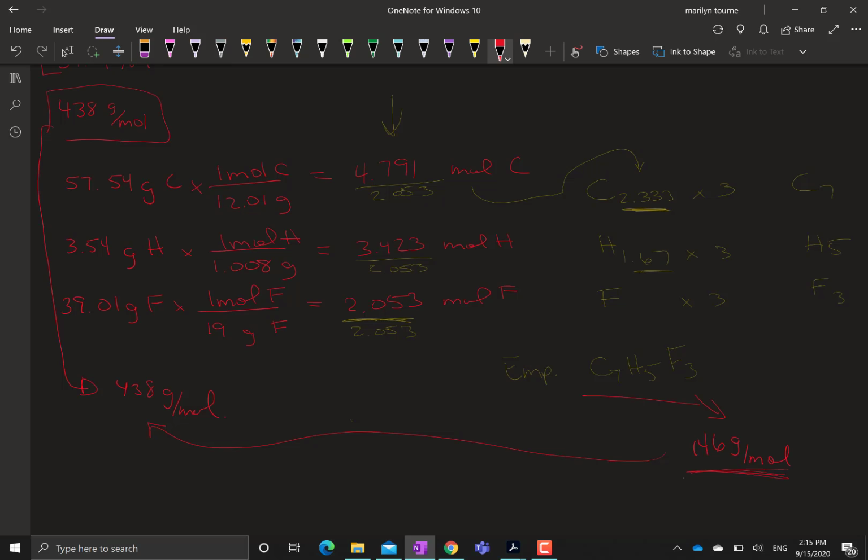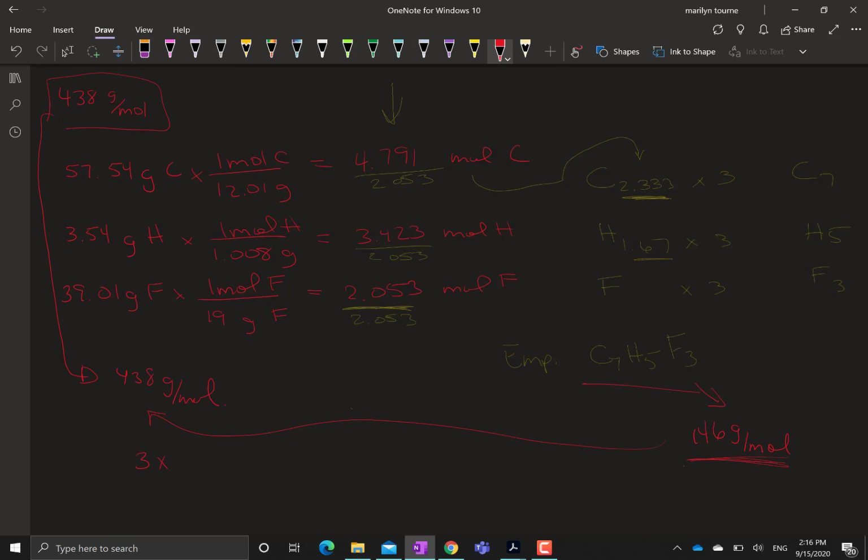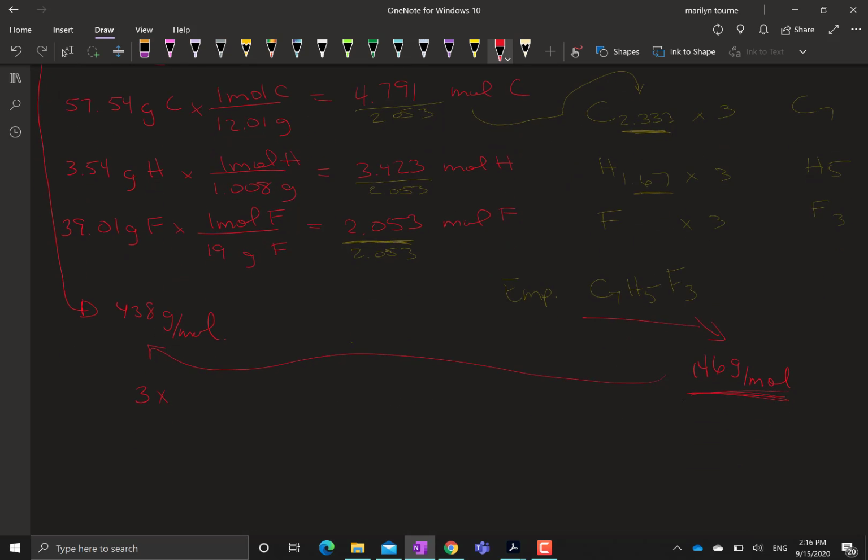So basically just divide 438 by 146, which should give you 3 times. So that means that you have to multiply the empirical formula 3 times to get the molecular formula. Then the molecular formula will be 7 times 3, that'll be C21, 5 times 3, that's H15, and 3 times 3 is F9. So that is what the molecular formula is, which weighs 438 grams per mole.